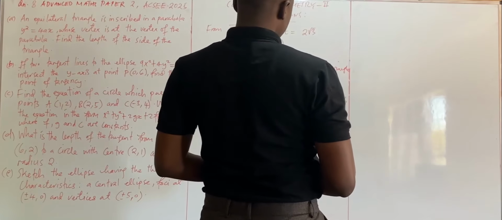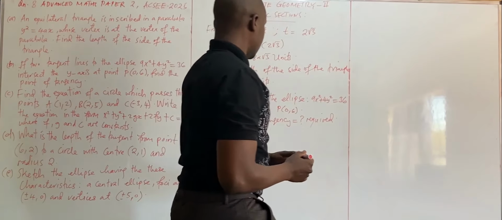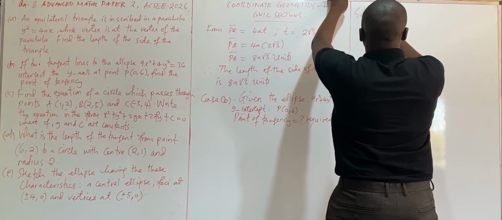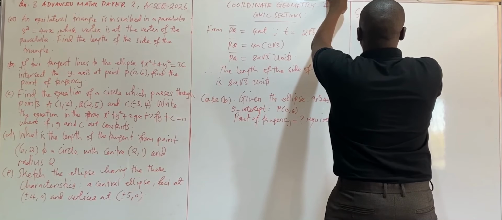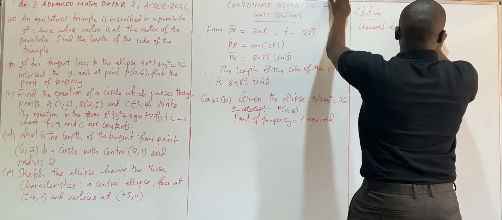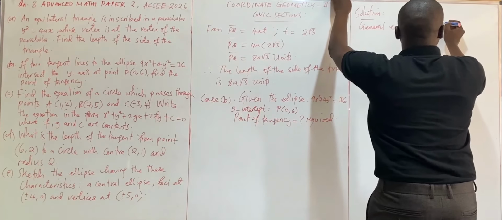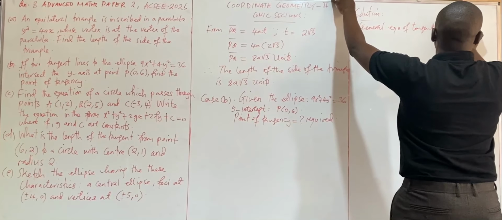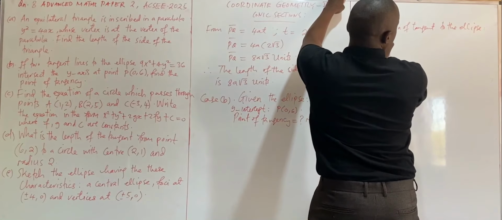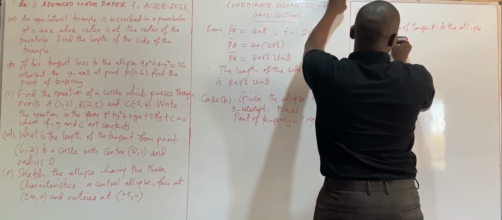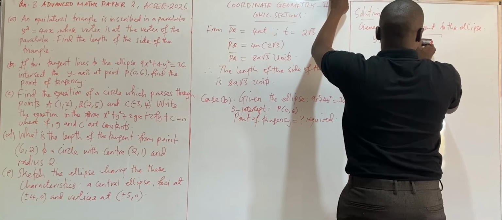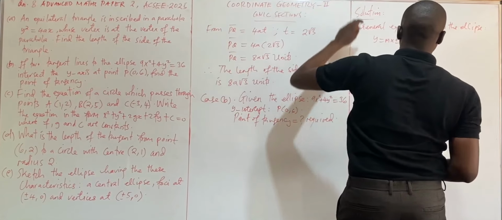If we refer to the general equation of tangent to the ellipse, the conic ellipse, it is given by y equals mx plus or minus the root of a squared m squared plus b squared.